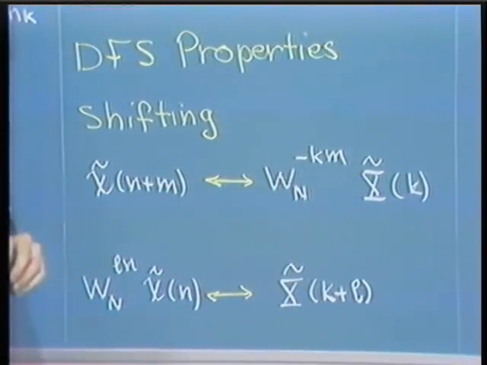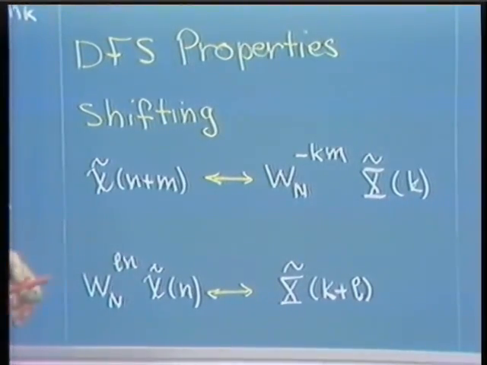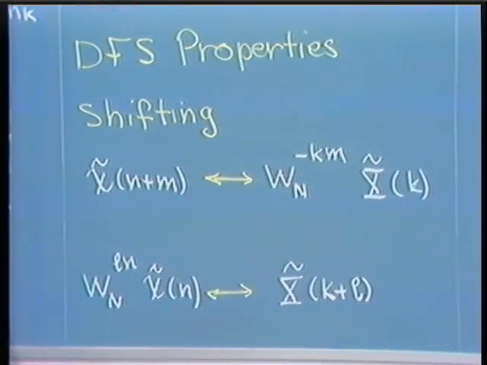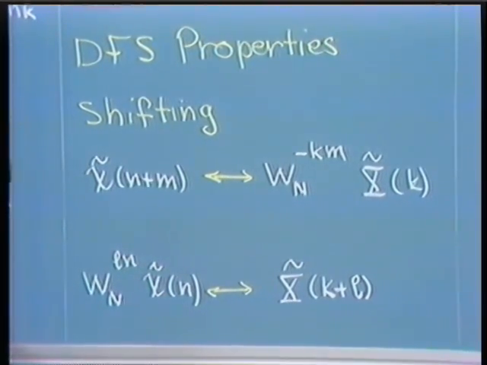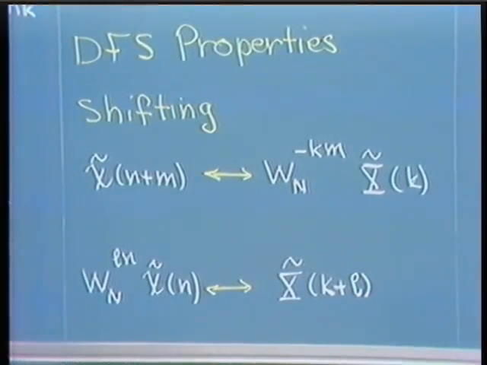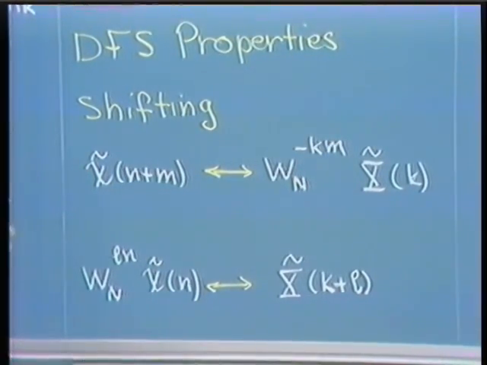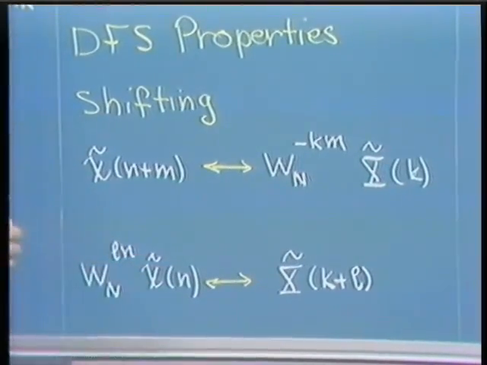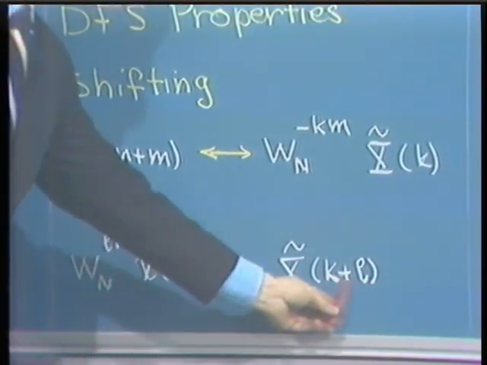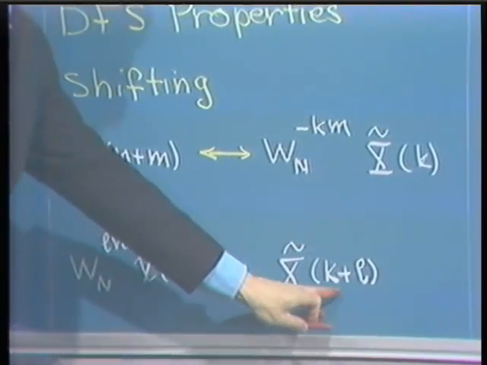And that is similar to what we've seen with the Fourier transform, where shifting a sequence multiplied the Fourier transform by a complex exponential. And with the Z transform, we had exactly the same situation. We have a dual relationship which expresses the result of shifting the Fourier series coefficients.